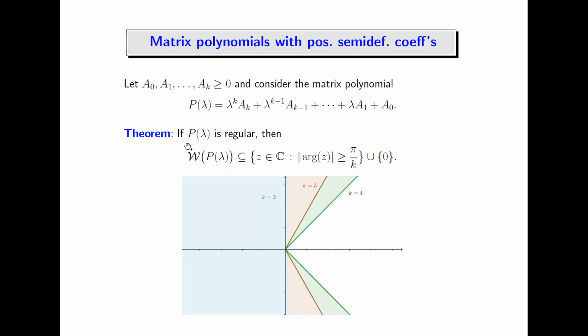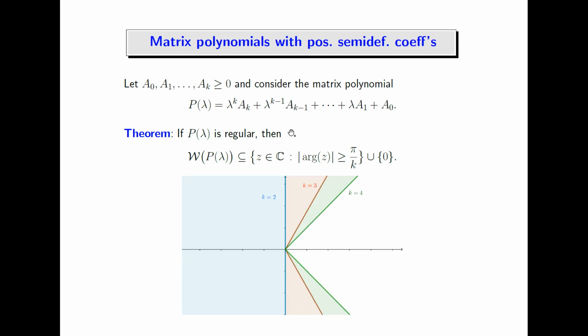If the polynomial is regular, then the numerical range must be contained in this region depicted here. For k equals 2, it is the left half plane. But for k equals 3, you may have eigenvalues in the right half plane, but only in this additional part that is marked in red. And then the angle gets closer and closer to the real line, the higher the degree is.